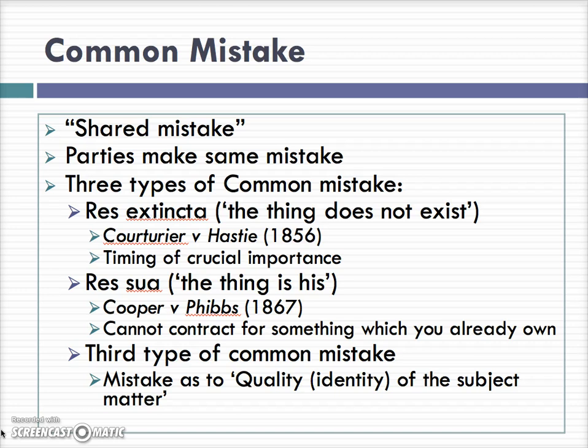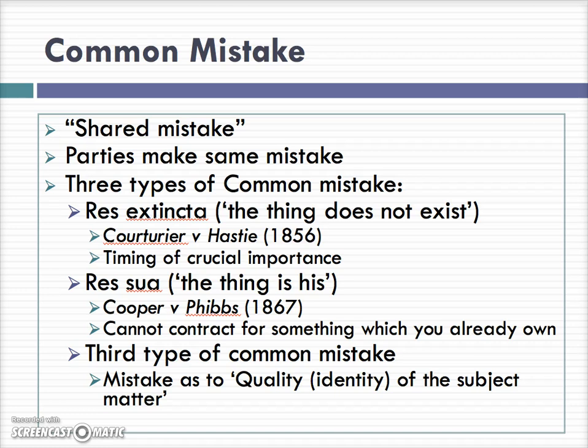If at the time of forming the contract, the corn had still existed, but it had gone off 5 minutes later, or 5 hours later, or 5 days later, the contract would have stood. However, since the corn had gone off before the contract was formed, the contract did not stand. So that's the area of res extincta, which is one of the 3 subcategories of common mistake.